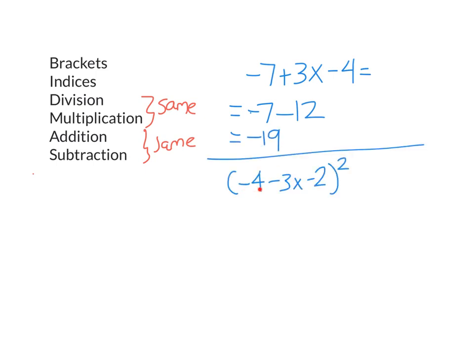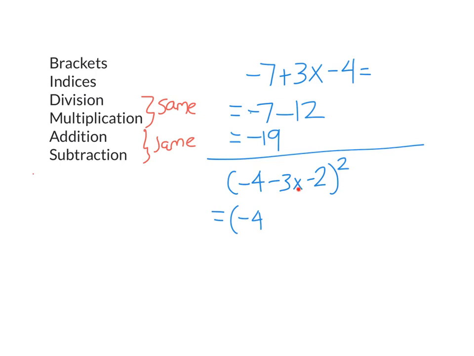So let's say I want to evaluate this, say what it is equal to. What I'm going to do is everything in the brackets first, because brackets is first. So I go minus 4, leaving that alone. I'm going to do the multiplication in the brackets first, because multiplication comes before subtraction.